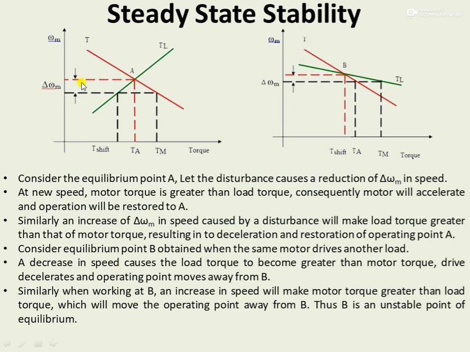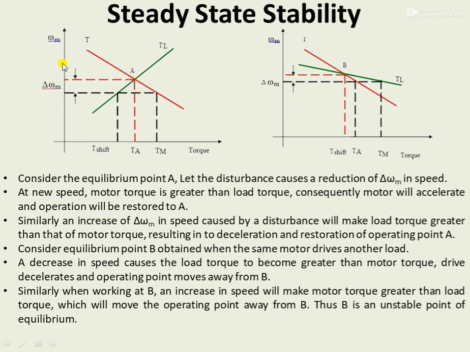That is, even though due to the disturbances there occurred a reduction in speed, the equilibrium point is restored because the value of motor torque is greater than that of the load torque. Similarly, if due to some disturbance there is an increase in speed from the equilibrium point, at that increased speed the value of load torque is greater than that of the motor torque.